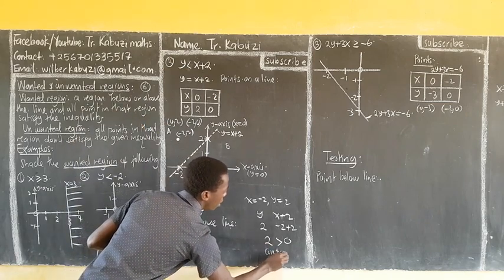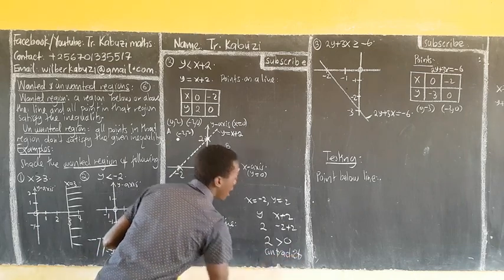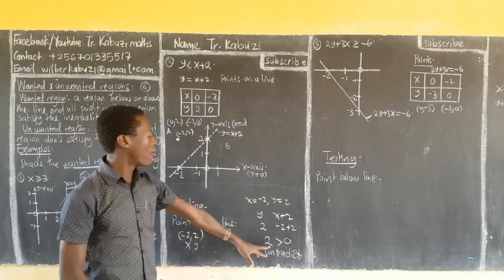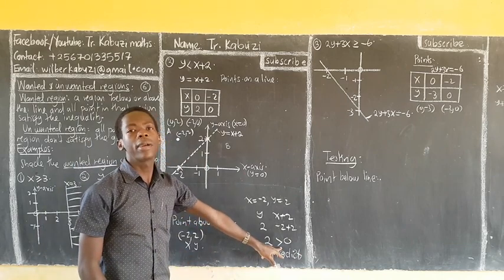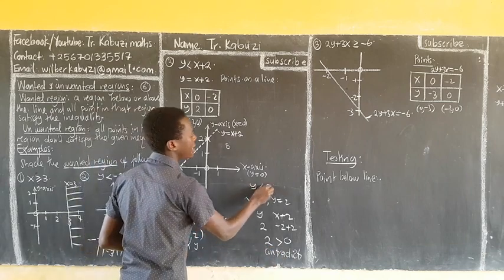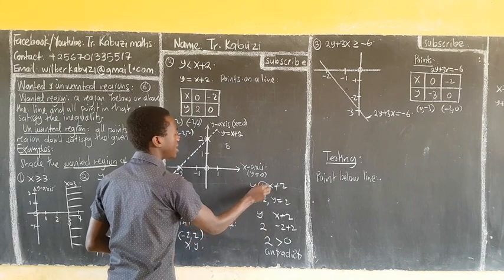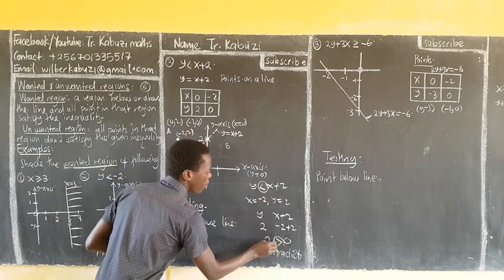Contradicts our side. So you see that now, the point I picked is the unwanted one. Why? Because our inequality was y less than x plus 2, so our inequality was less, but this one is giving us greater.